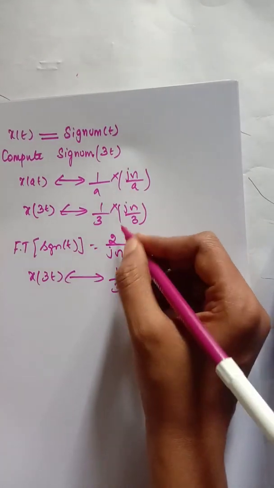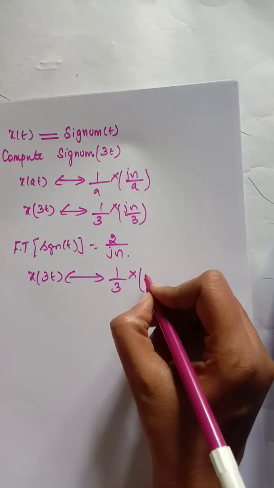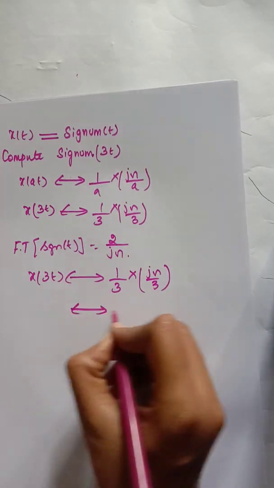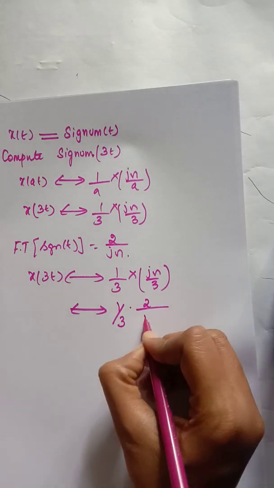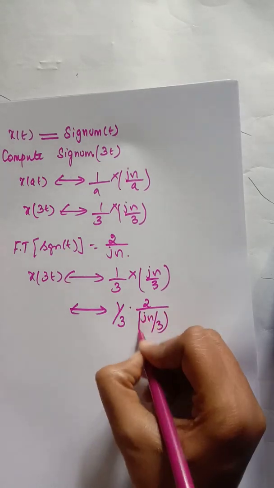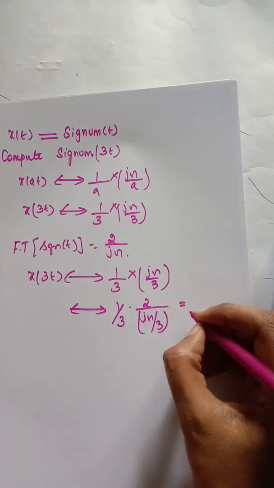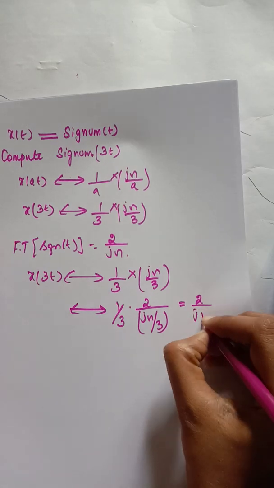So the meaning is, wherever you have j omega, you need to replace j omega by j omega by 3. When I apply this, I will get 1 by 3 times 2 by j omega by 3. This can be written as 3 going into the numerator, and you will get 2 by j omega.